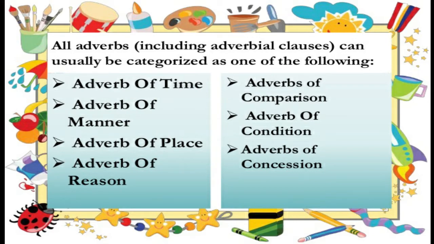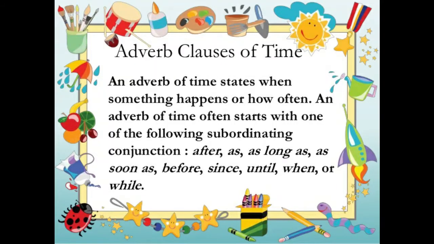Okay. So please keep in mind adverb clauses of time. Adverb clauses of time answer the question, or state, when something happens, when an action happens. Conjunctions like as, after, as long as, as soon as, before, since, until, when or while are used.